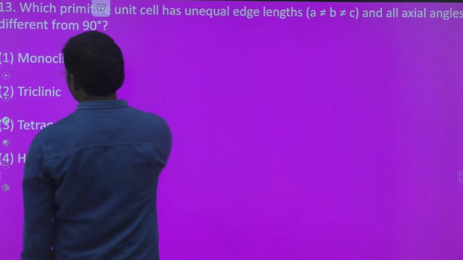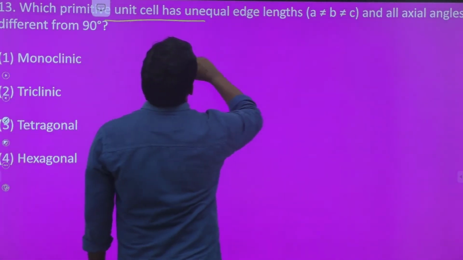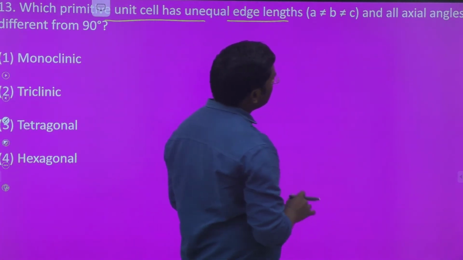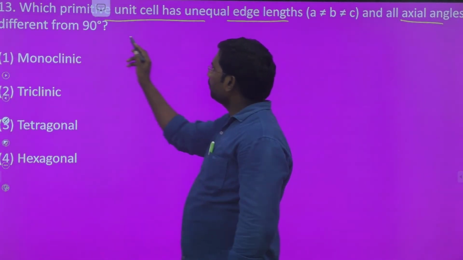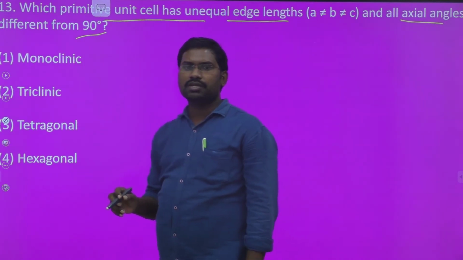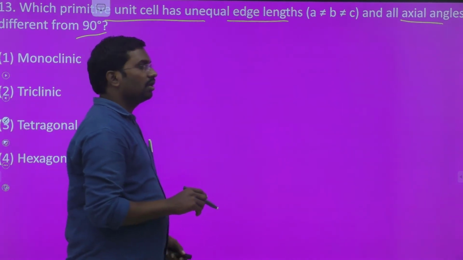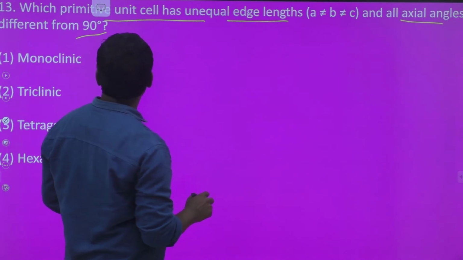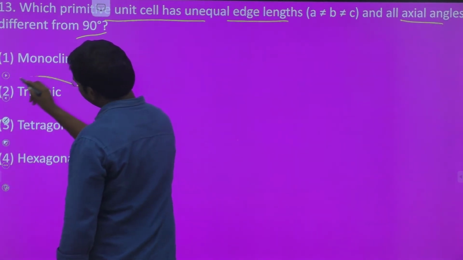And next one, which primitive unit cell has unequal edge lengths, a not equal to b not equal to c, and axial angles different from 90 degrees. I already mentioned, based on these 6 parameters a, b, c, alpha, beta, gamma, there are 7 types of crystal systems. So based on this, we have to see the triclinic structure.